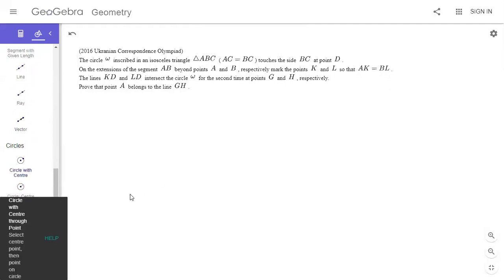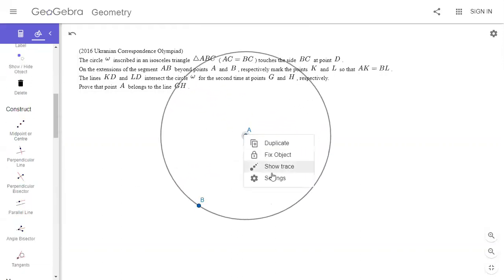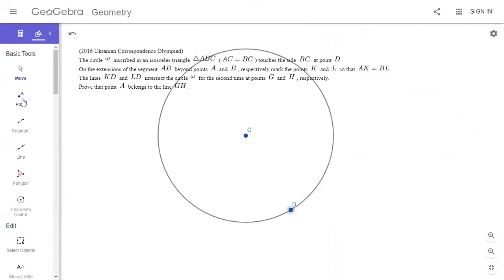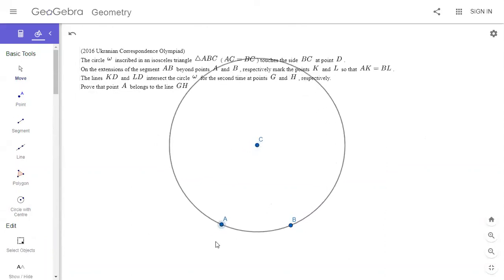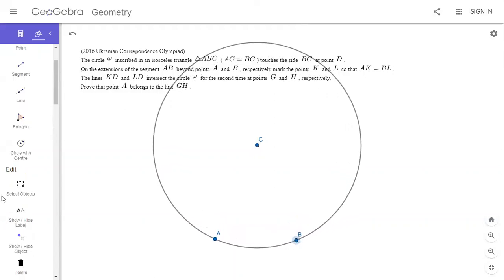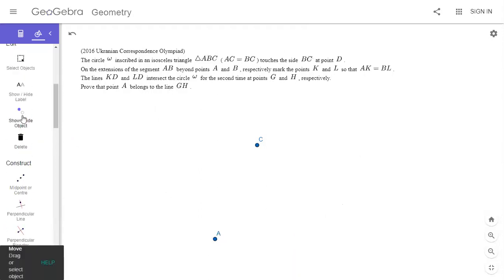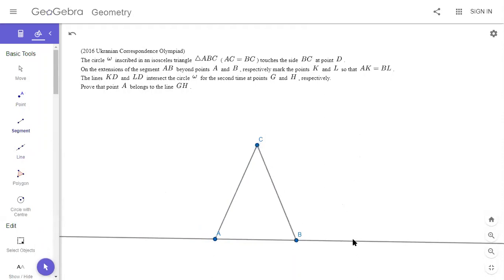C is the vertex, so I'll call this C. And I will call this point A. On the extension of AB beyond A and B. Okay, so let me hide the circle. And okay, so AK is equal to BL.